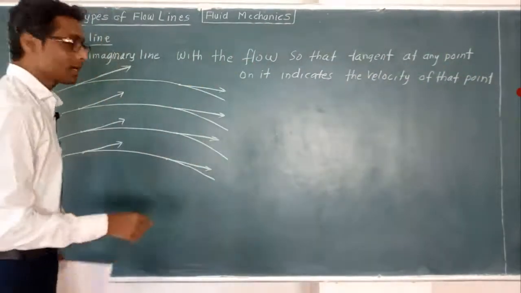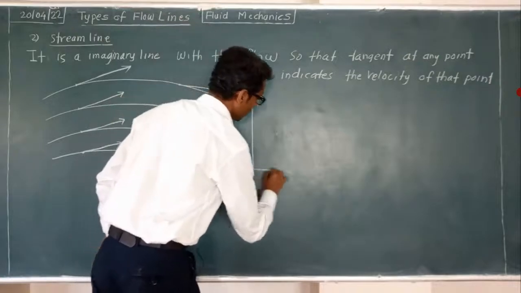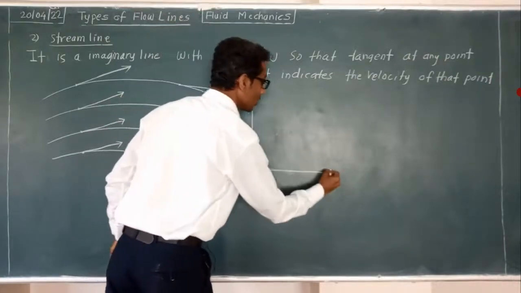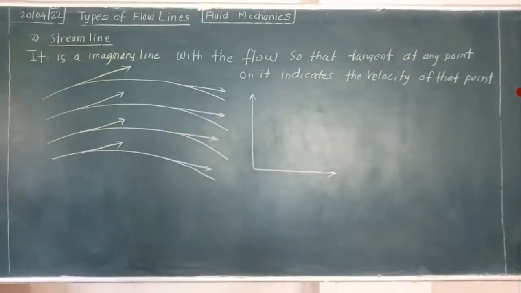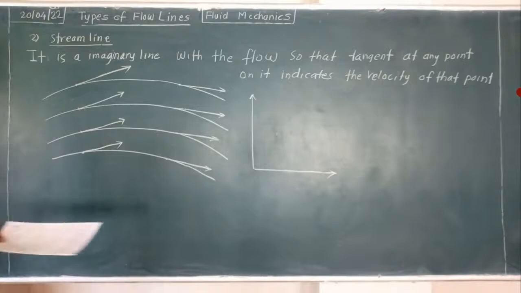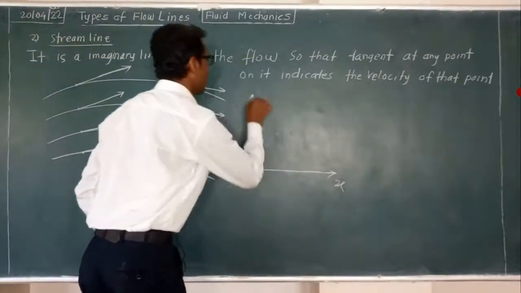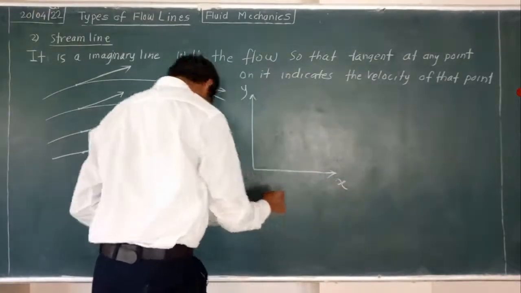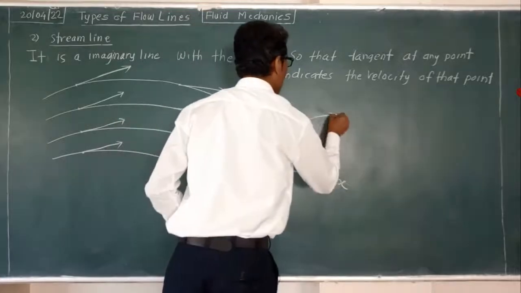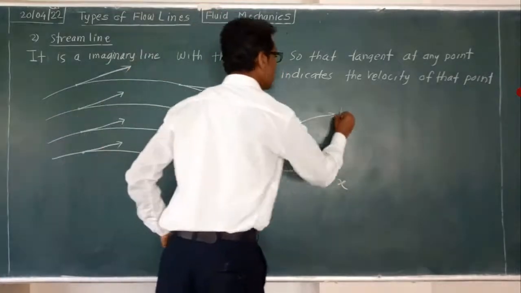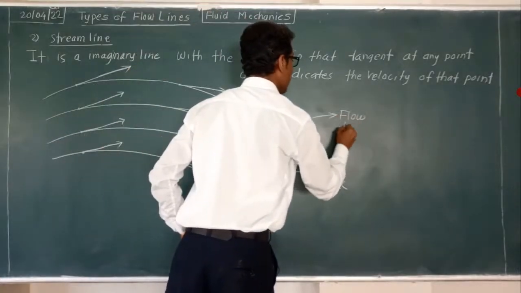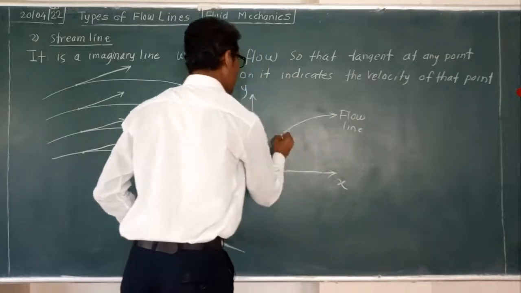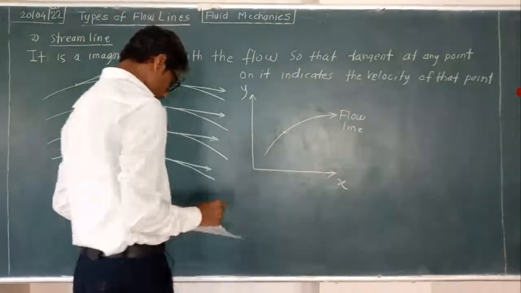Now for better understanding, here we will again take a Cartesian coordinate system, X and Y, the XY plane. In the XY plane we will take one line. This is a flow line. On this line, suppose this is a point.